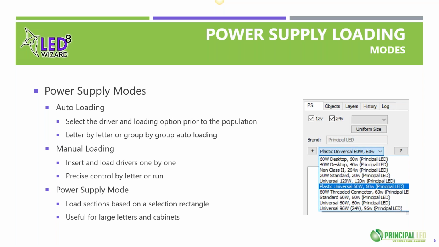Okay, so if you imagine a big letter that has sort of concentric inlines and a whole bunch of runs that span and go around the outside of the letter, maybe it makes more sense to just draw a box around a section and say these modules are going to go on this driver, and you're thinking about positioning of the driver relative to where the modules are. So that's power supply mode. Maybe take a big cabinet and you divide it into four sections, right? That's power supply mode. So we'll talk about that as well.